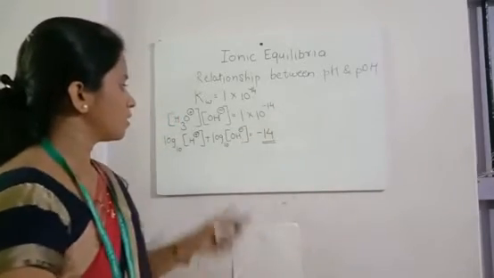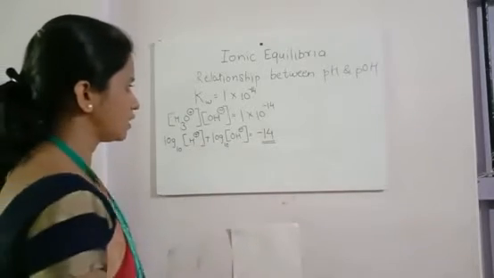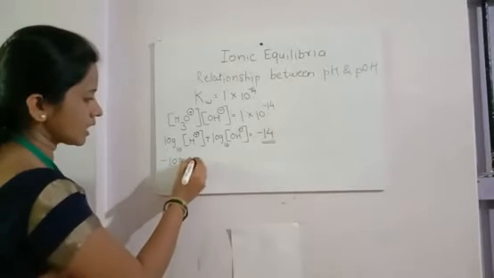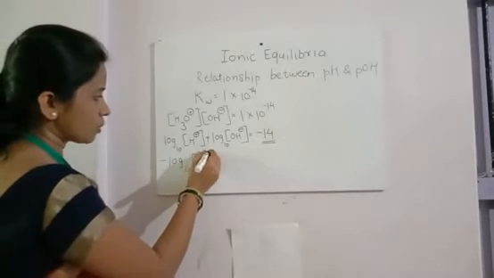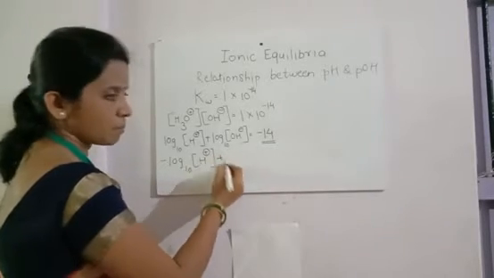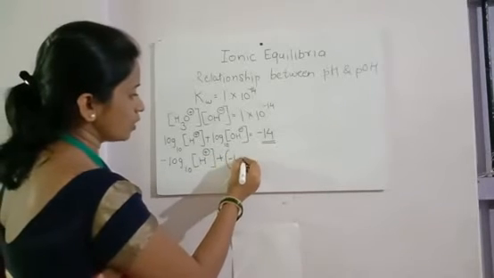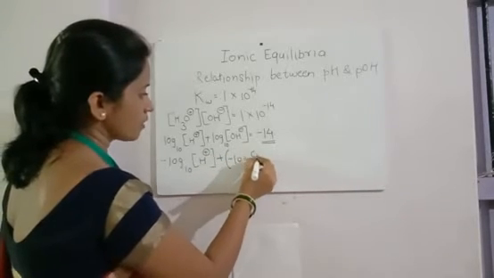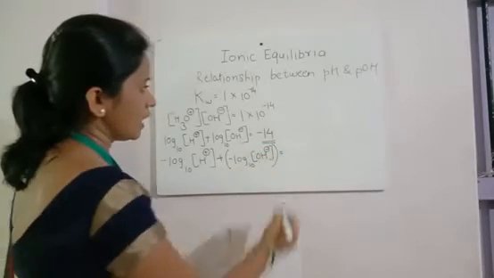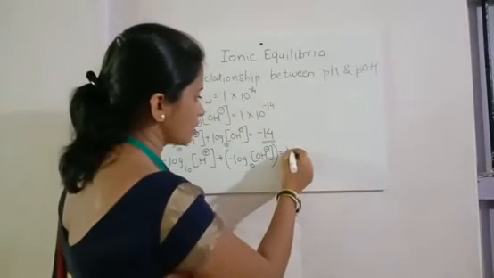Now multiply this whole equation by a negative sign. So here we write negative log to the base 10 of the H plus ion concentration, plus negative log to the base 10 of the OH minus ion concentration, and it will be equal to negative negative, so 14.